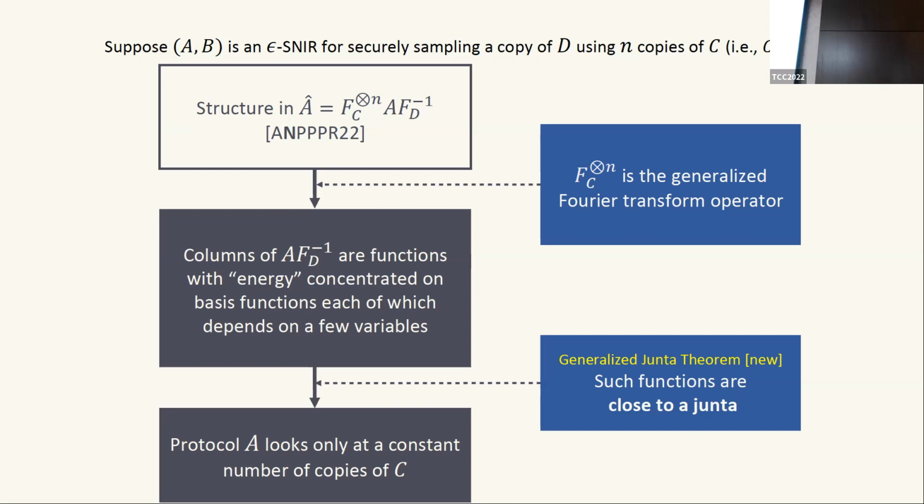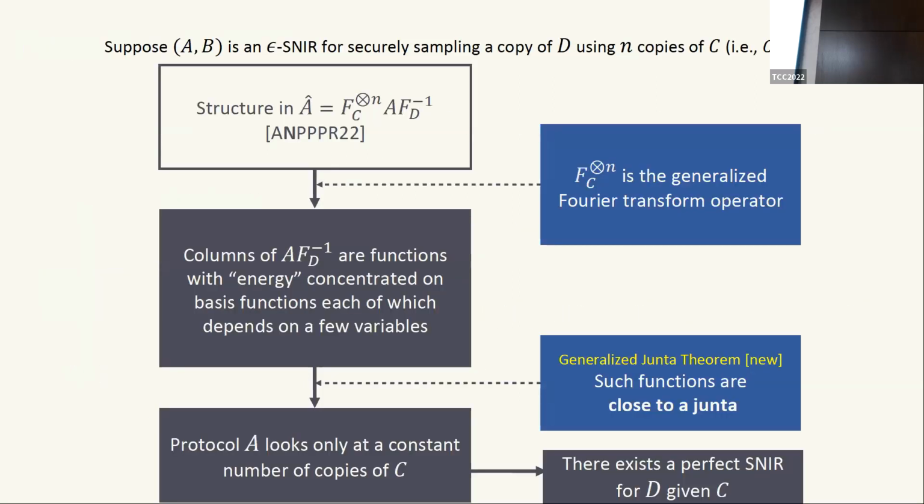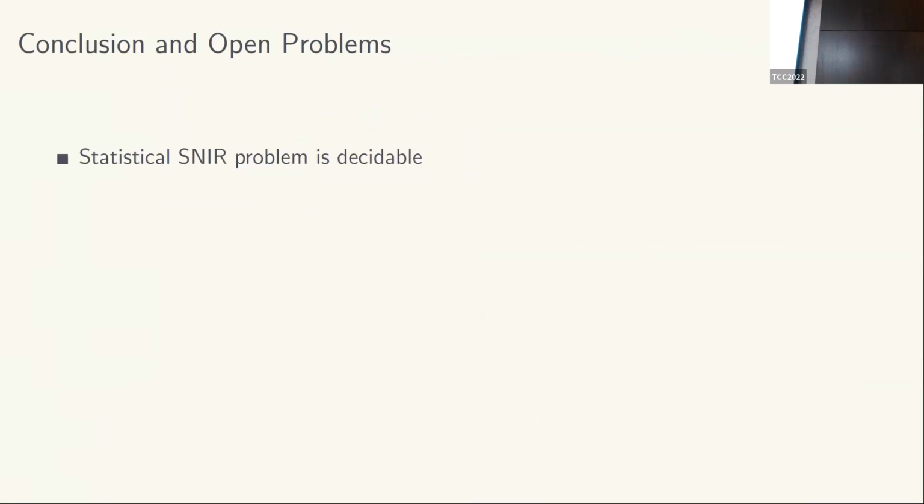And this is how we show that there exists a perfect SNIR for D using C if there is a statistical SNIR. So in conclusion, we showed that the statistical SNIR problem is decidable. There are two interesting open problems. The first one is about the rate of statistical SNIR.